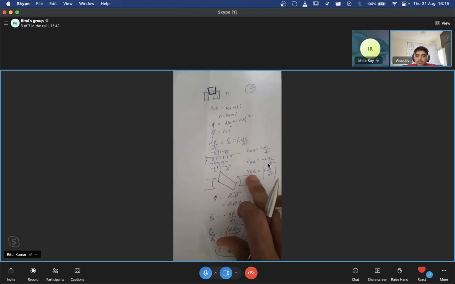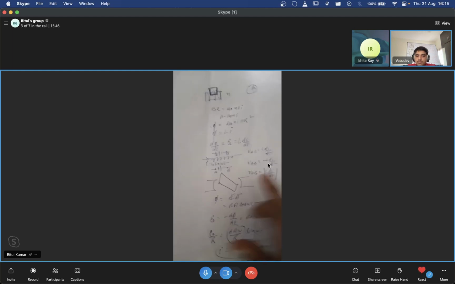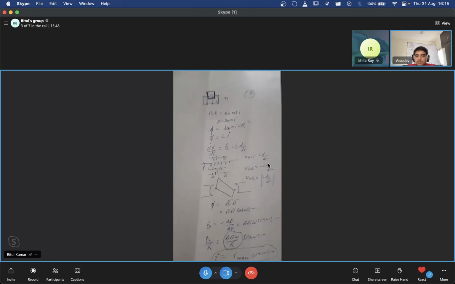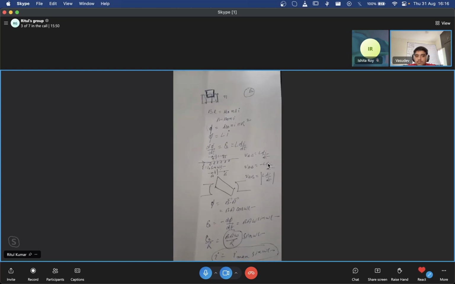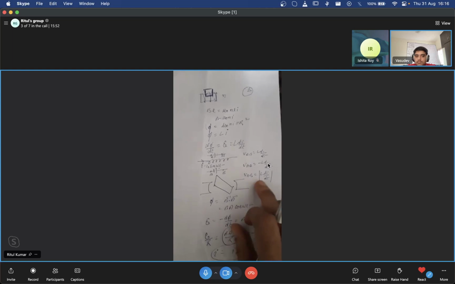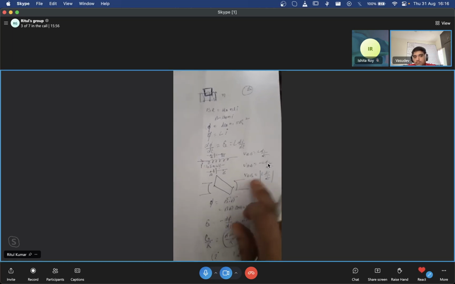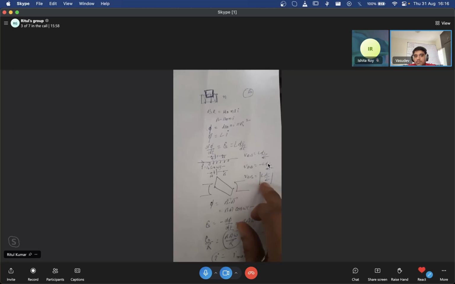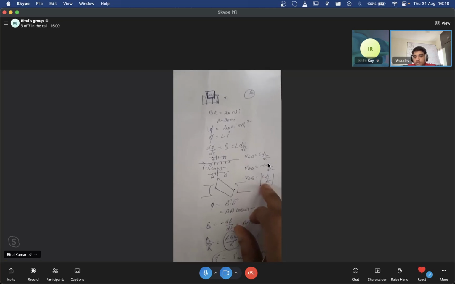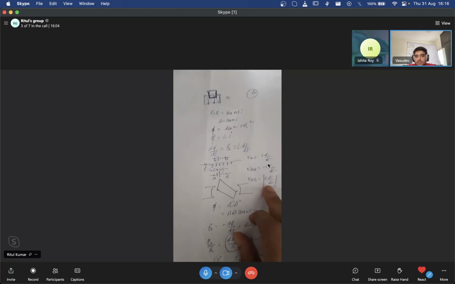I'm associating it with the current here. I have to make it positive accordingly. When I'm writing VAB, I have to give it a sign. When you remove the mod, you write plus minus, right? Yes, when I remove the mod, I will write VAB is equal to plus minus. Yes, sir. But whenever you write a minus, that will be cancelling out a negative inherent in the inside expression. So ultimately, you will always get a positive value.